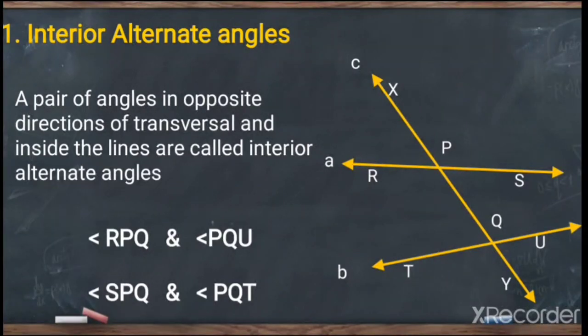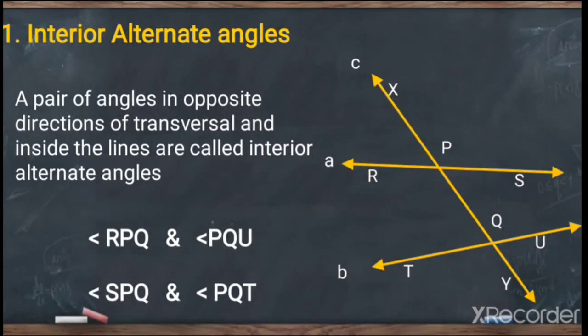It means we are using opposite sides of the transversal and inside the lines, that is line A and line B. So first, towards the left hand side, angle RPQ. Its interior alternate angle is PQU. Second one is angle SPQ. Its interior alternate angle is angle PQT.